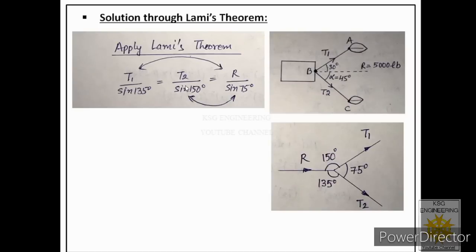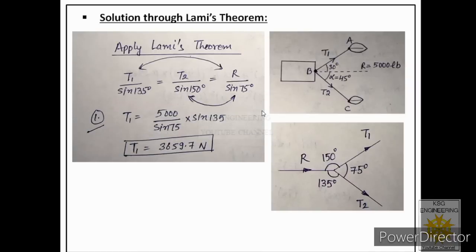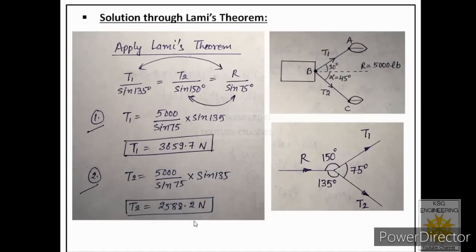Then we will compare these two to get the value of T2. So let us apply over here. So when I apply, T1 sine 135 equal to R sine 75. So from that formula, we will get the value of T1. Then equate these two, you will get the value of T2.